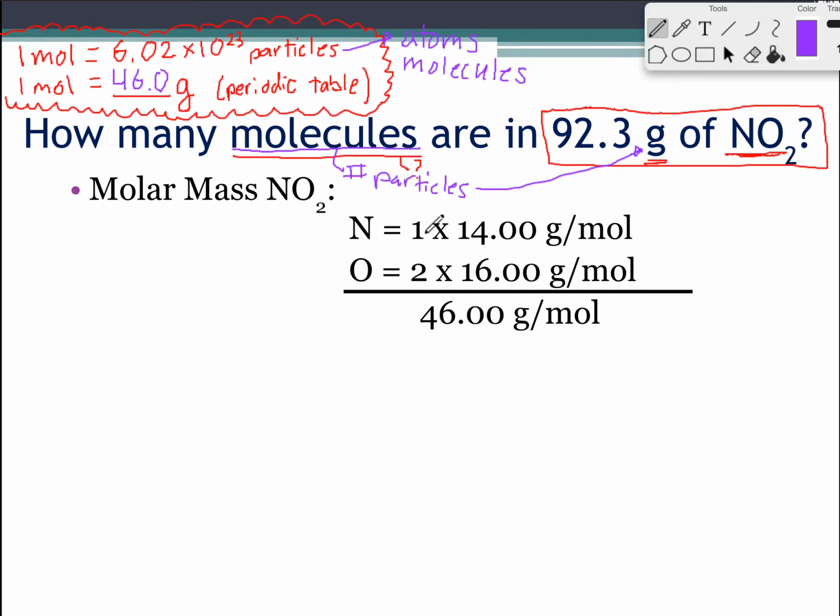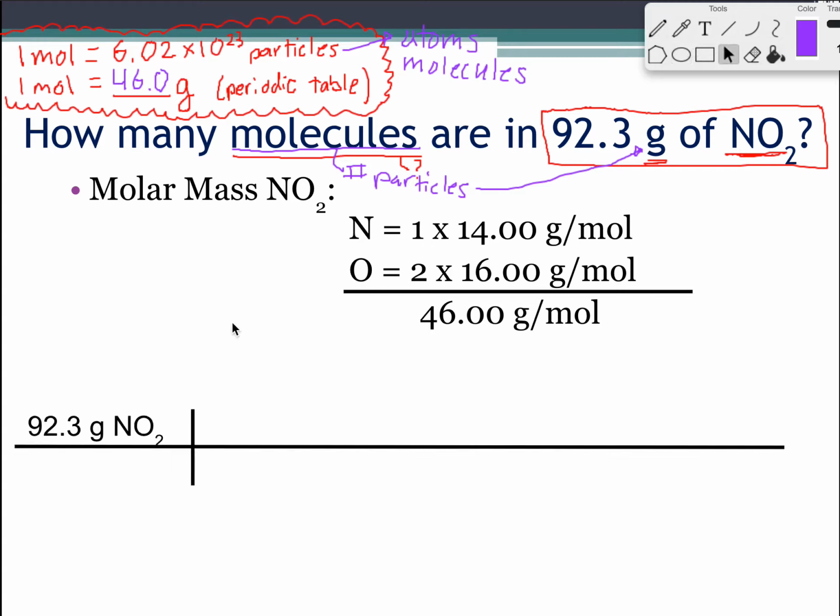Moving on, we're going to start to set up our T-chart. The first thing we always want to do is put our given right there: 92.3 grams of NO2. And remember that when we set up our T-chart, we always want our units to cancel out.